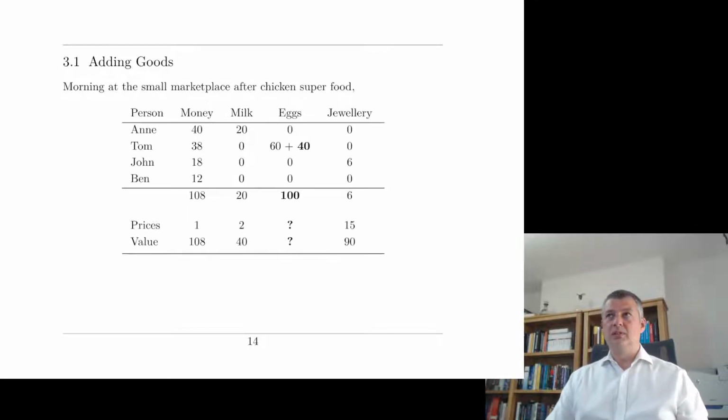So what happens if we add goods to the market? Let's say Tom discovers a superfood for his chickens, and suddenly they're producing 40 eggs more than they used to. So now in the morning of our market, Tom shows up not with 60 eggs, but with 100 eggs.